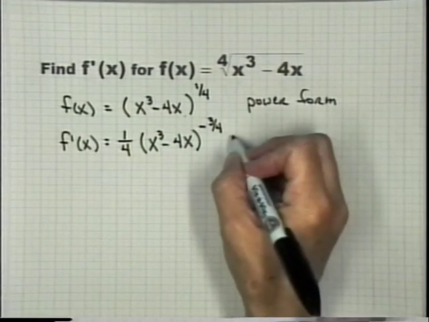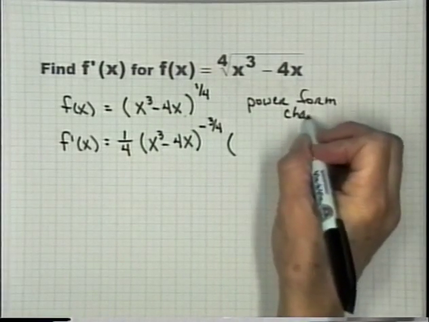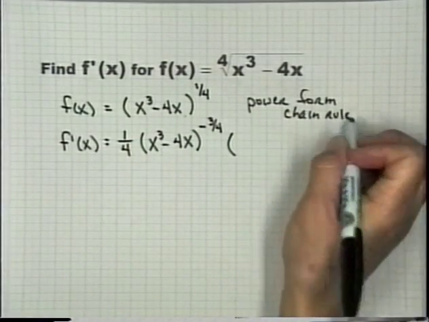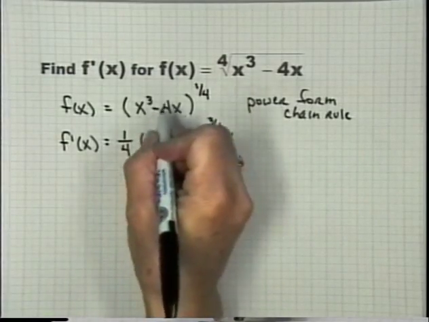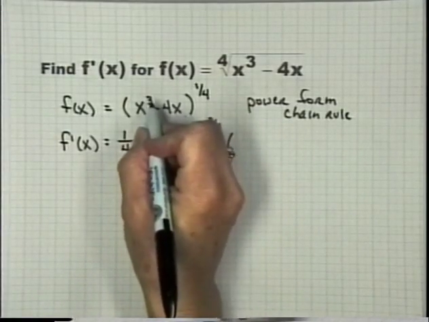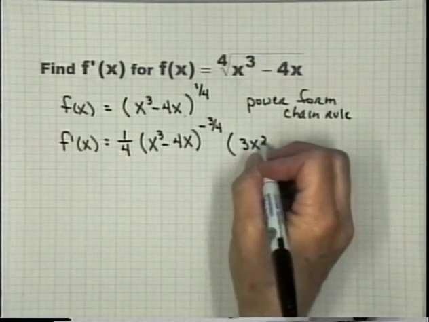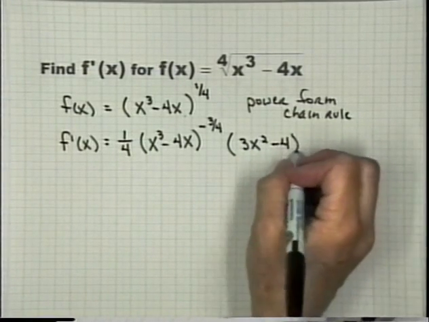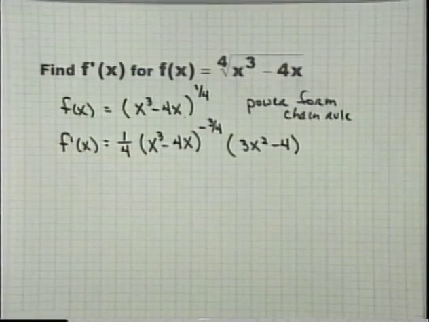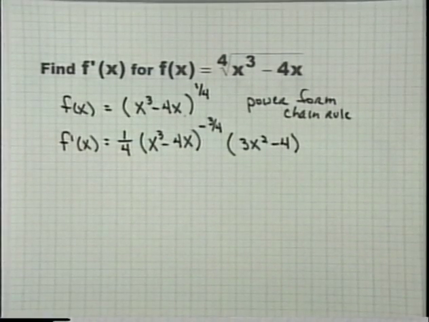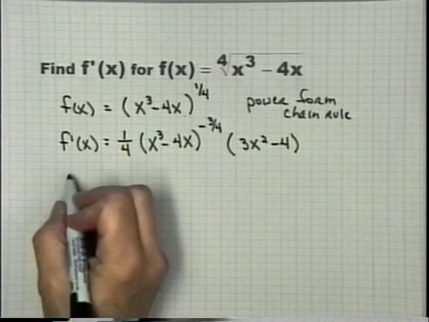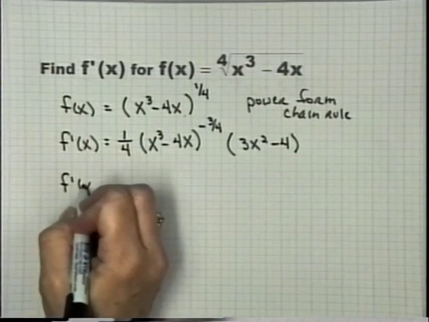Now, this is where the chain rule kicks in. We go inside our parenthesis and take the derivative inside. Well, the derivative inside is going to give me what? 3x squared minus 4.